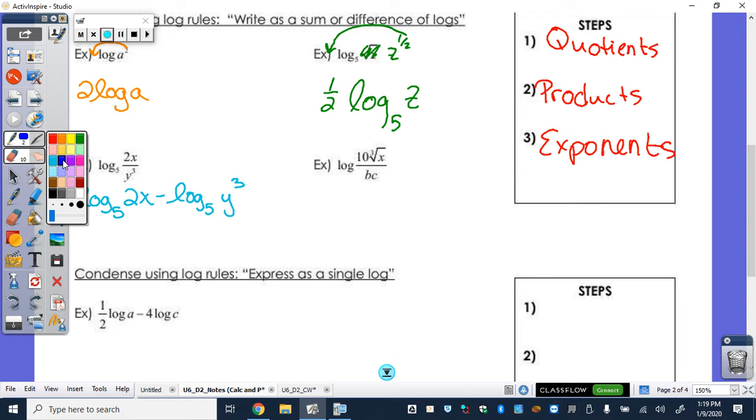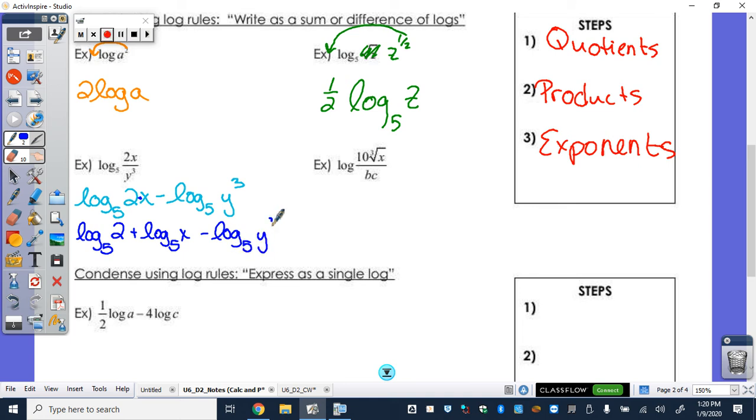So now we are moving on to the product, and again, 2x really means it's 2 times x, so that is a product. So that's log base 5 of 2 plus the log base 5 of x. You separate that out and you add their exponents together by adding their logs. And it's still minus the log base 5 of y to the 3rd.